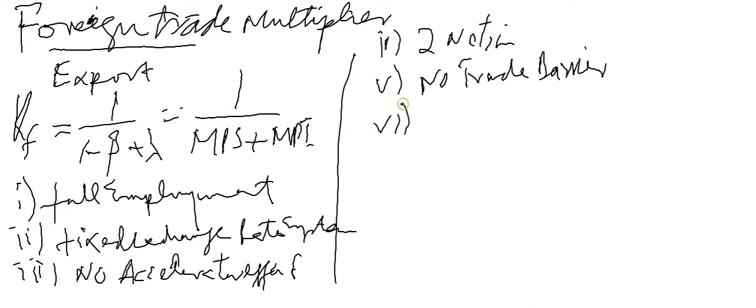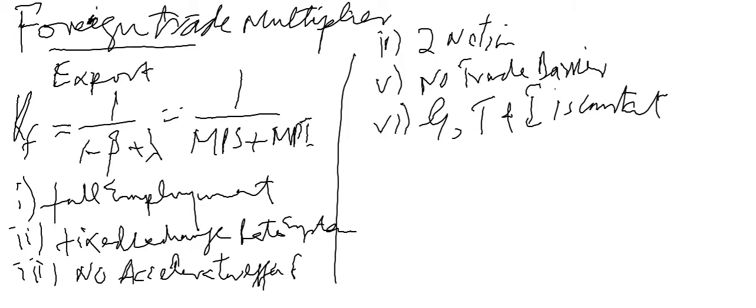And sixth and last, government expenditures, taxes and investment are constant. For simplicity we are assuming that G, T and I are constant. If they are variable, then we can also derive the same.